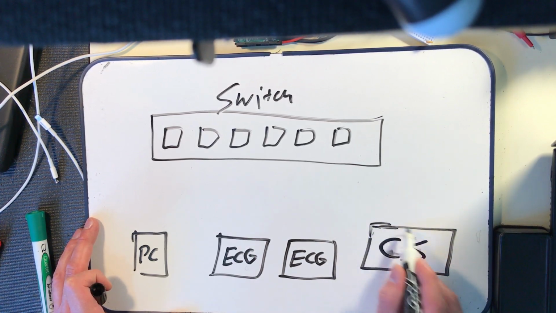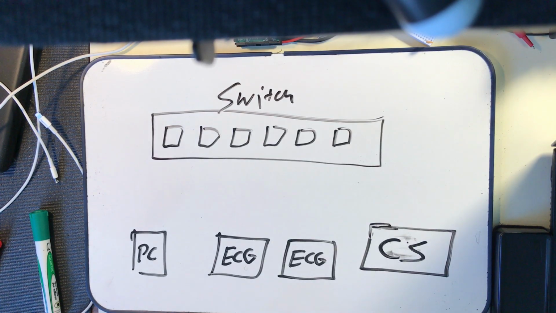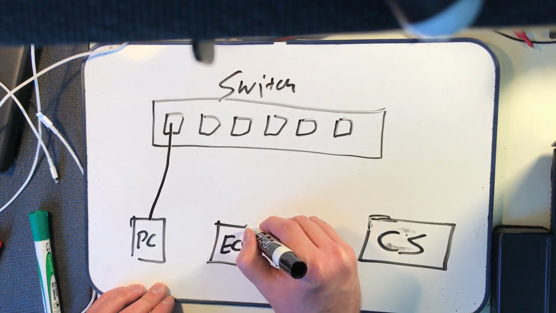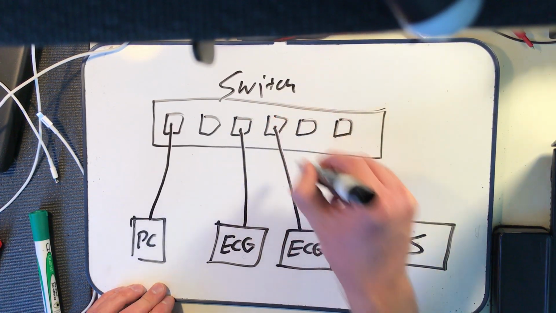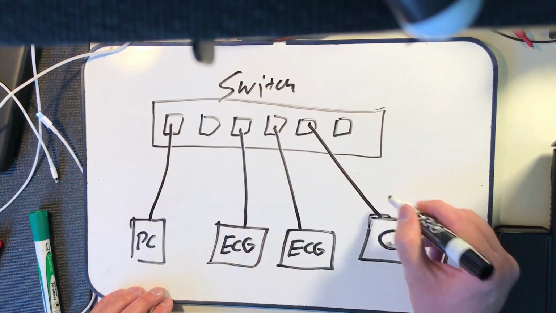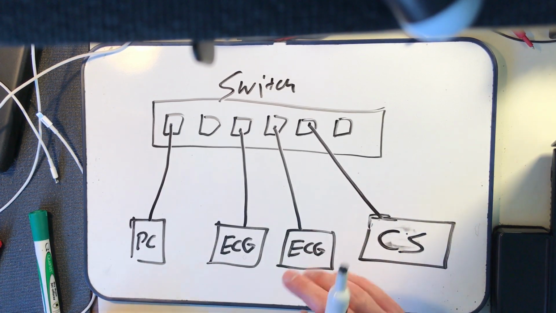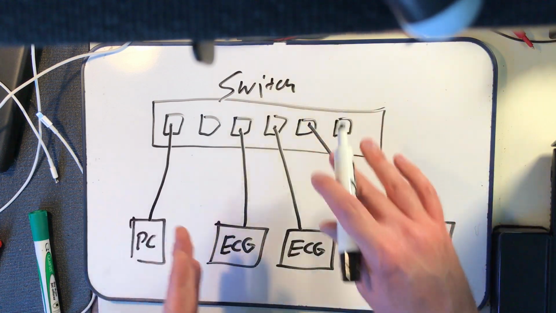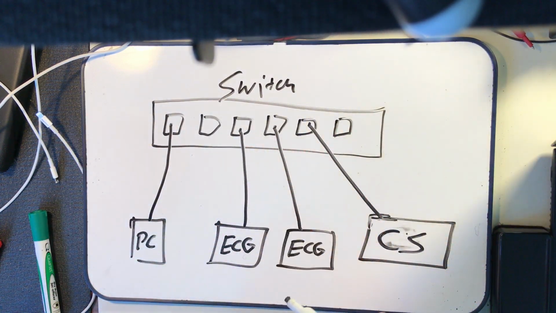So that'll be the Space Lab central station. Now, each of these machines is connected to a port on the switch, like this. The central station actually has two connections, but we'll not go into that right now. It's for a different reason. Let's just say they all have one connection each.